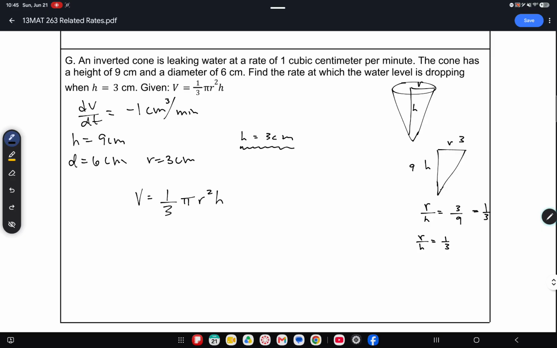I don't have a radius, so I probably want to solve this little ratio here for r in terms of h, right? So I can cross multiply. 3r equals h. So r is going to be h over 3. So that way I can take my volume equation and make that an h over 3 squared times h.